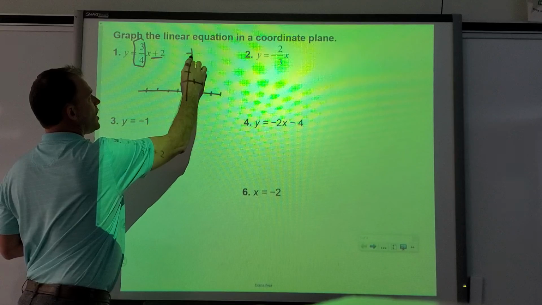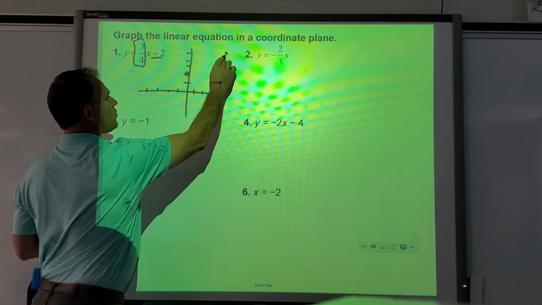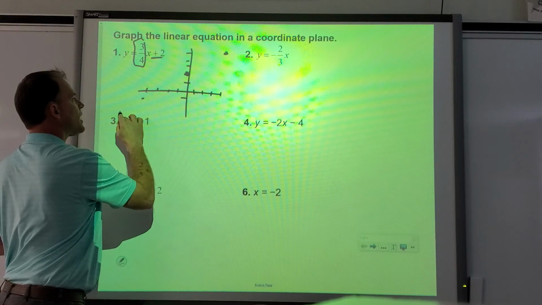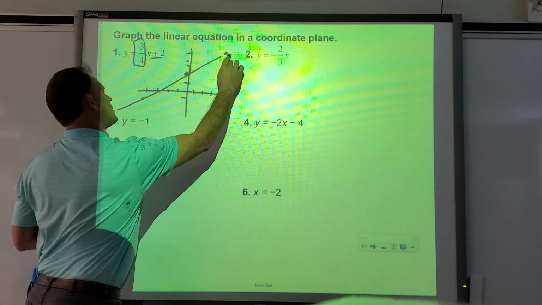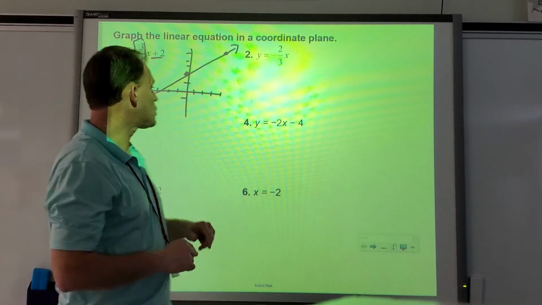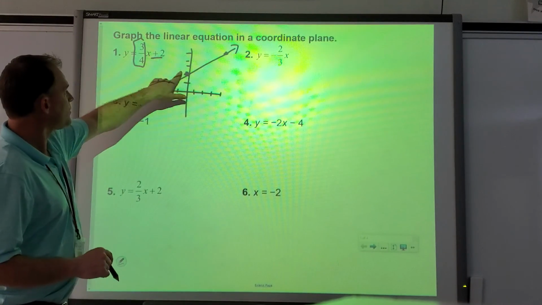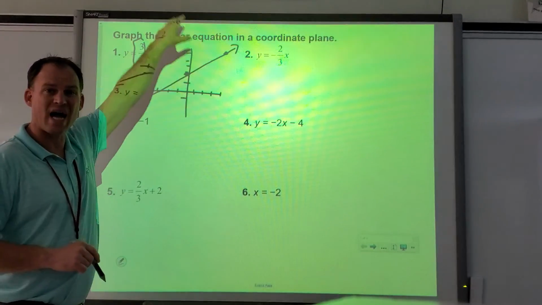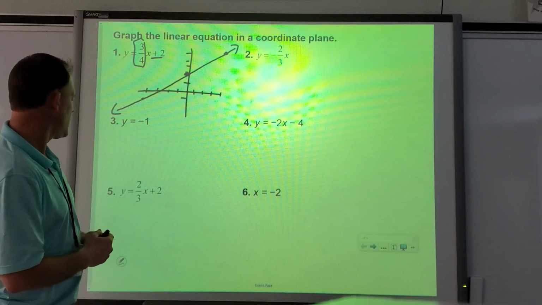So that means I go up 3, right 4, and I put the next point. I could go the opposite direction. That's how you draw a line, okay? So, y-intercept, slope, 3/4, rise over run, okay?